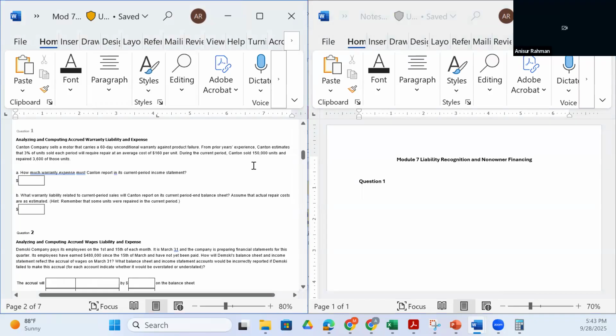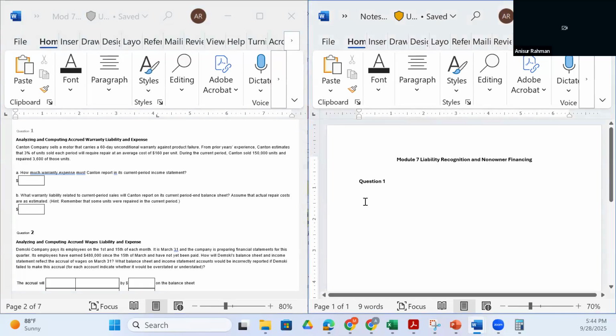From prior years' experience, Canton estimates that 3% of units sold each period will require repair at an average cost of $160 per unit. During the current period, Canton sold 150,000 units and repaired 3,600 of those units. How much warranty expense must Canton report in its current period income statement?